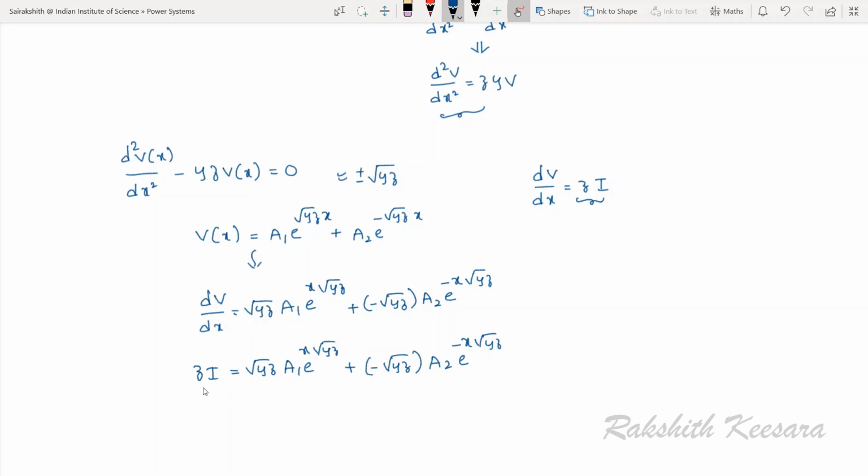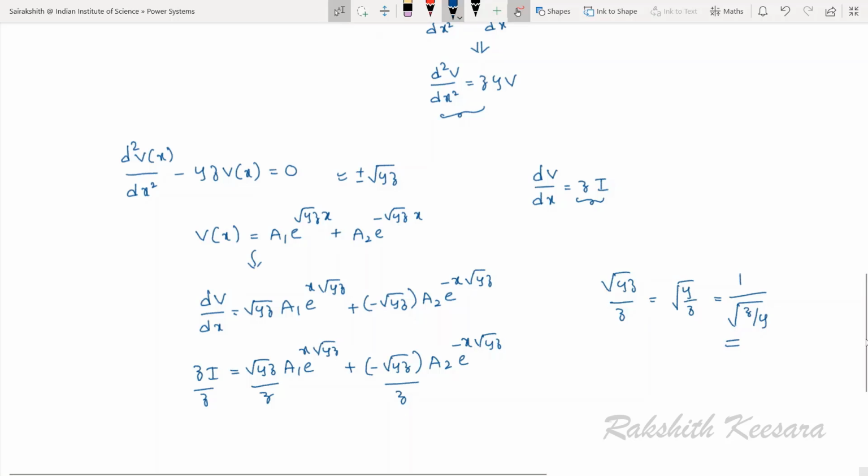Now I will divide this whole equation by Z. So what will I get? Root over YZ by Z is equal to root over Y by Z, which is equal to 1 by root over Z by Y, right?